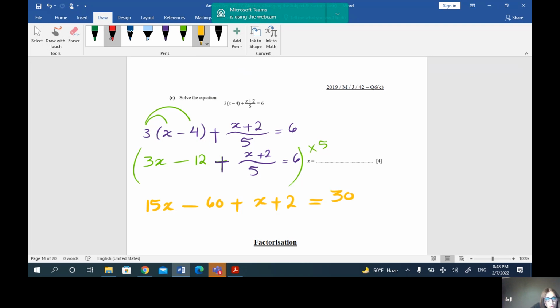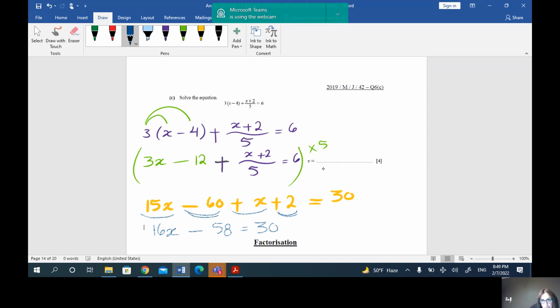Okay. Now we are going to collect like terms. So 15x plus x, the answer will be 16x. Minus 60 plus 2, the answer will be minus 58, is equal to what? To 30. Now, to solve it, you're going to say plus 58 on both sides.